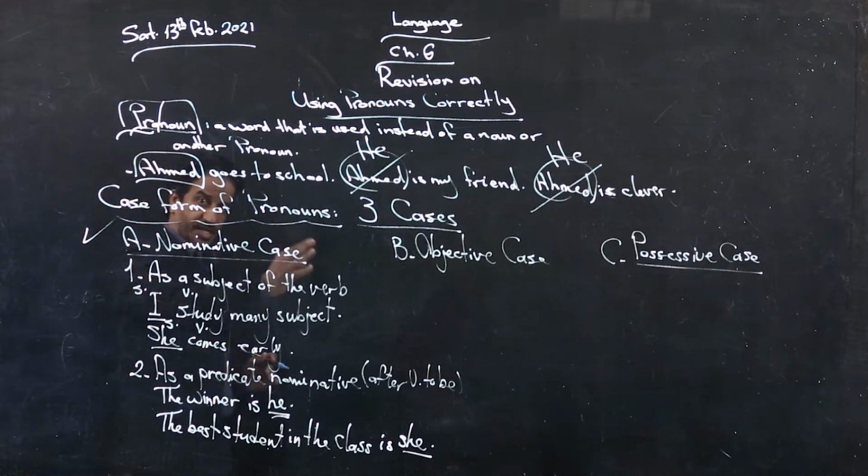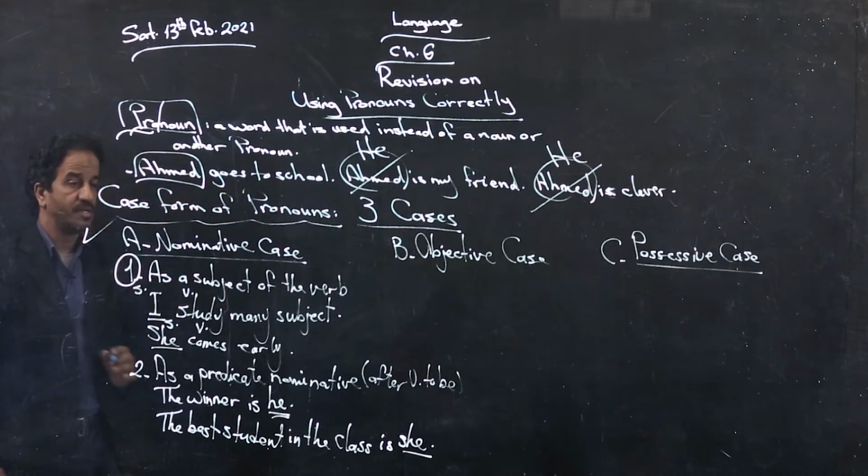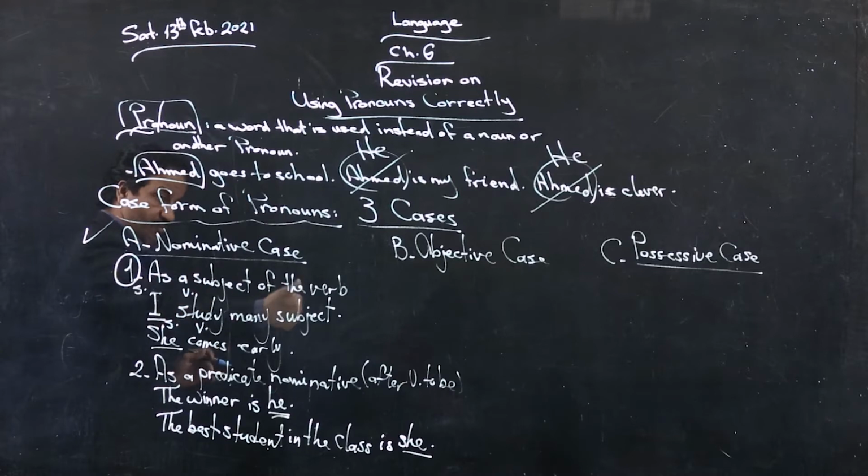So we have three cases: nominative case, objective case, possessive case. The first one in two forms: as a subject of the verb, before the verb, or after verb to be as a predicate noun.